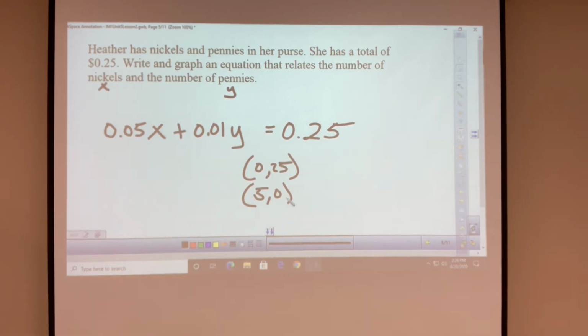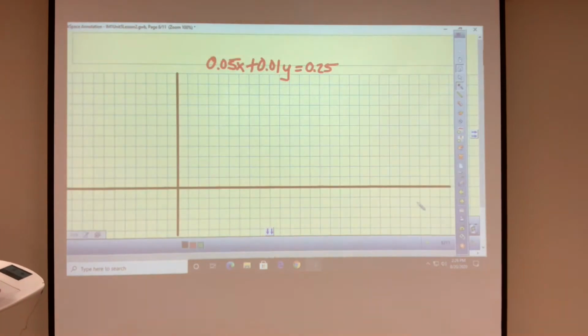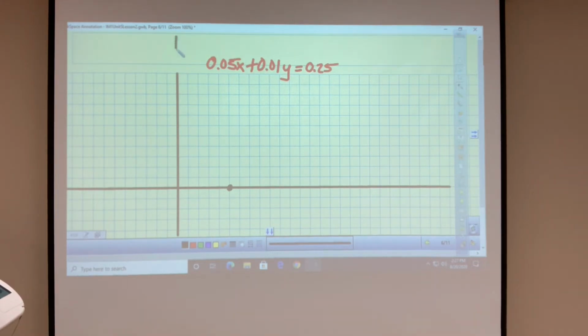All right, so let's go ahead and graph this. So we have 5, 0, 1, 2, 3, 4, 5, and then up 1, 2, 3, 4, 5, 6, 7, 8, 9, 10, 11, go all the way up to 25. This graph is not going to be perfect. Let's just go up by 5 in our y.